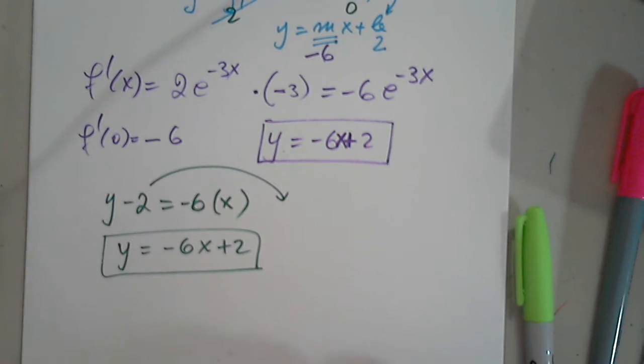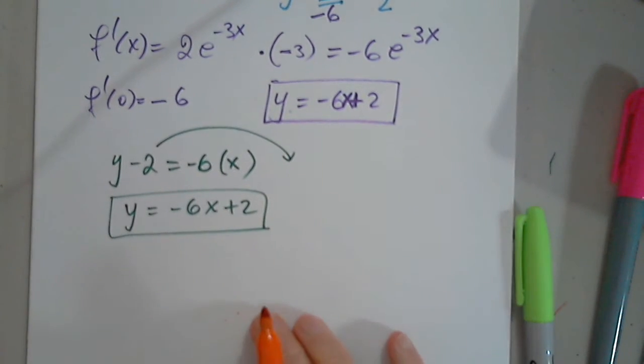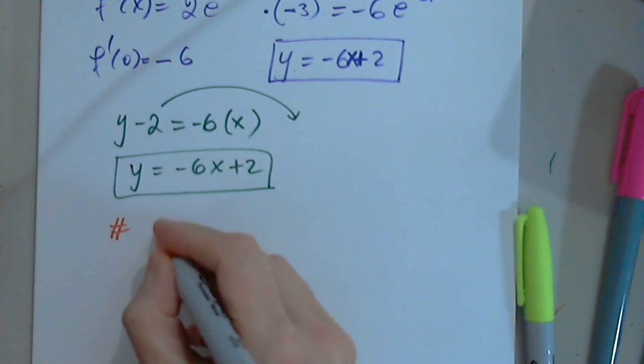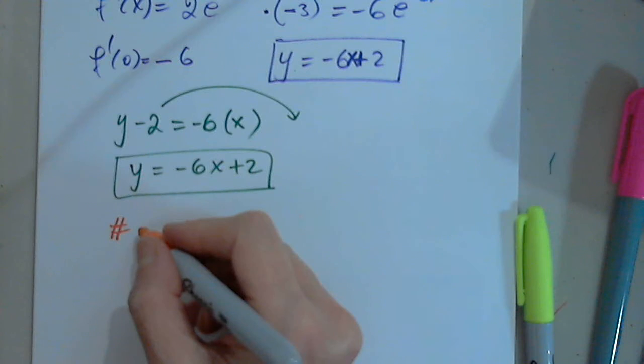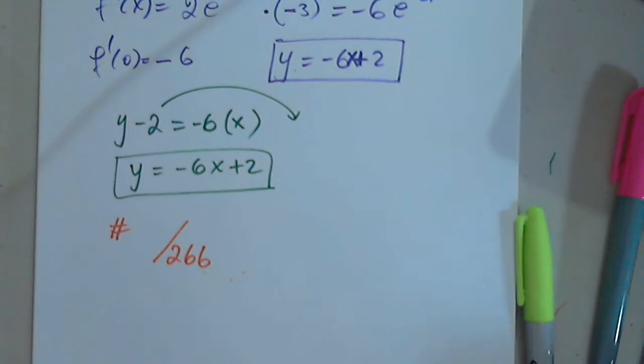Yeah, can we work on one last problem? Yes, I'm ready. In chat, it's on page 266. And honestly, just any of them. I was just having trouble with the marginal cost of things.